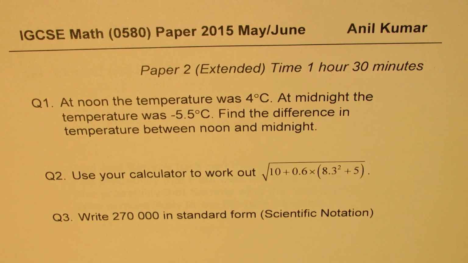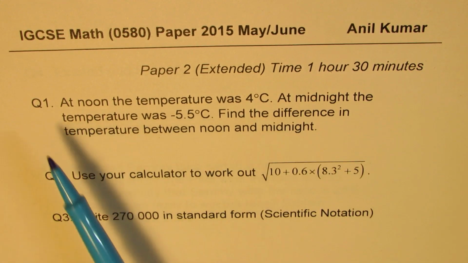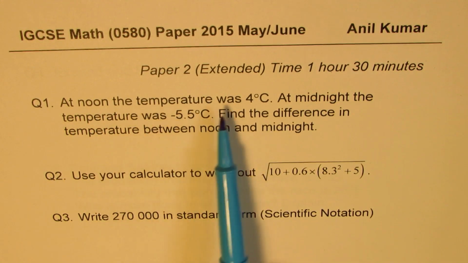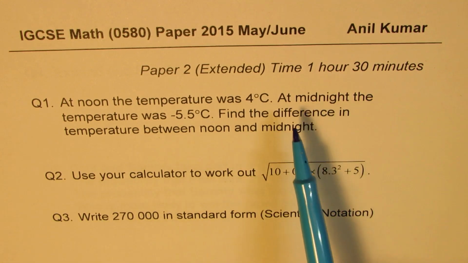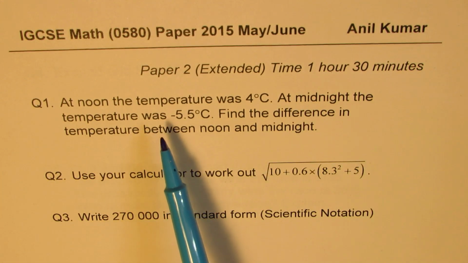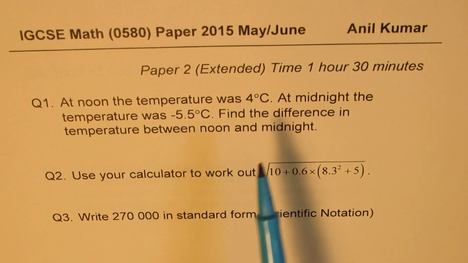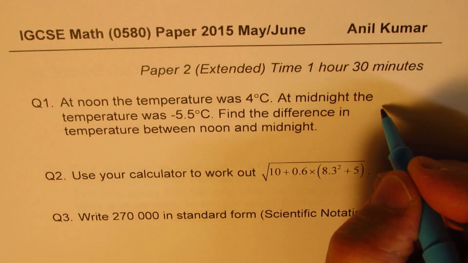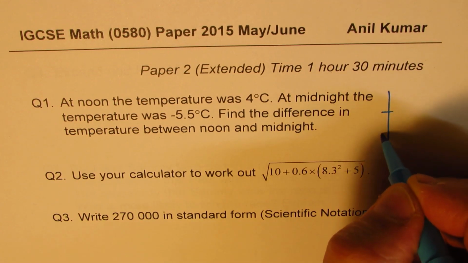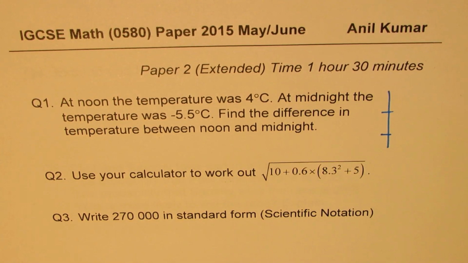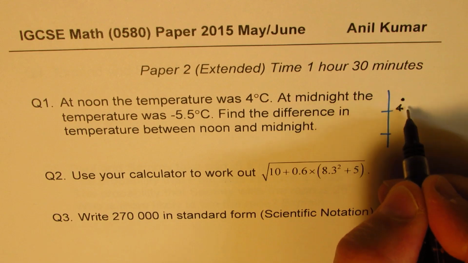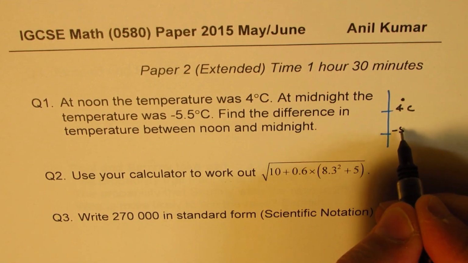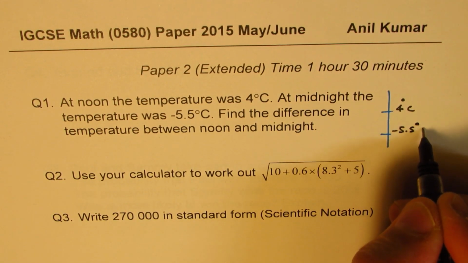Okay, the very first question here is, at noon the temperature was 4 degrees centigrade. At midnight the temperature was minus 5.5 degrees centigrade. Find the difference in temperature between noon and midnight. So what you see here is that the temperature drops from 4 degrees centigrade to minus 5.5 degrees centigrade.